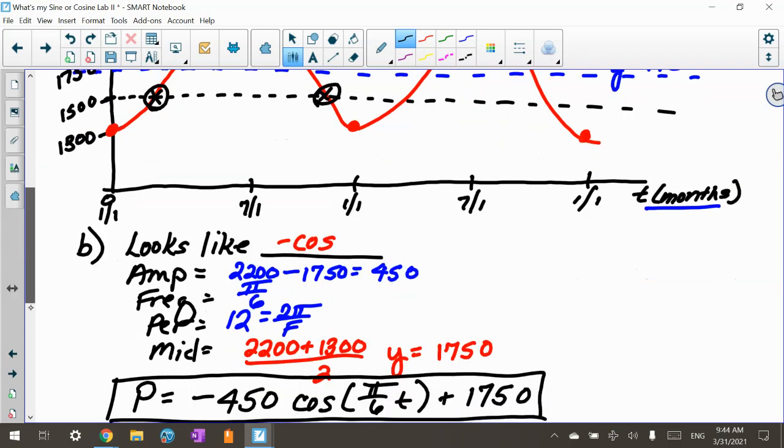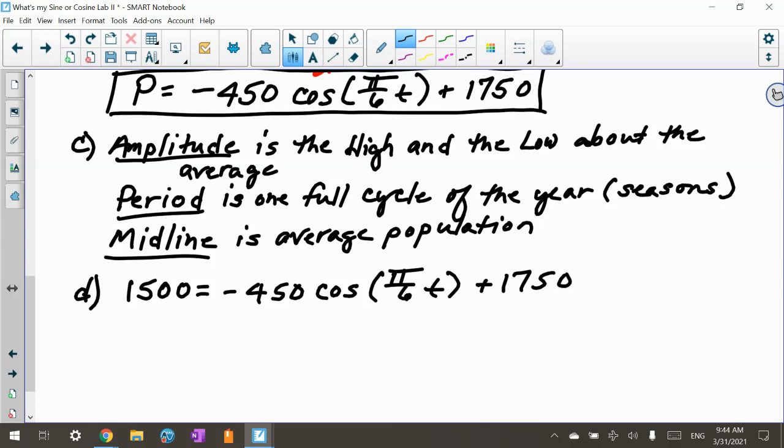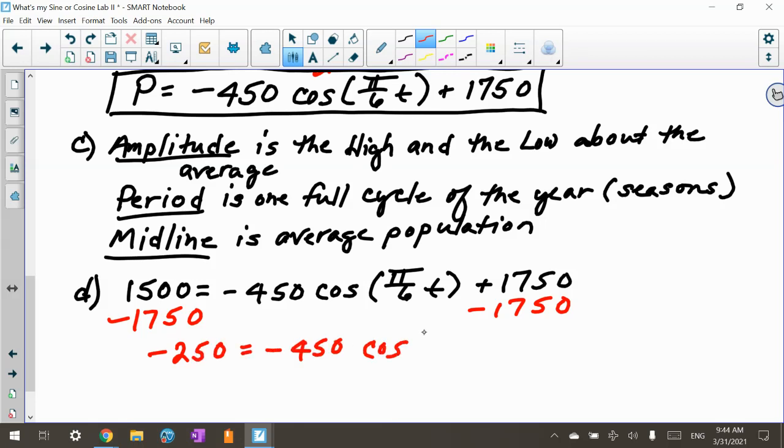So what you do is put your population equal to 1,500: 1,500 equals negative 450 cosine of pi over 6t plus 1750. Then you do some normal math first so we can use the inverse. I'm going to subtract 1750 on both sides. When I do, I get negative 250 equals negative 450 cosine of pi over 6t.